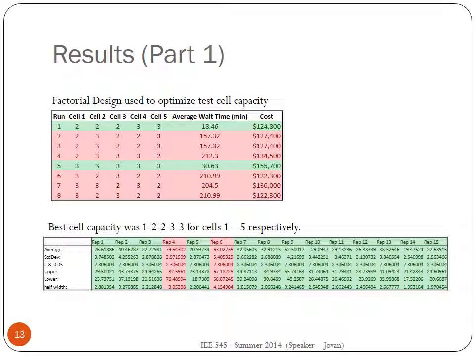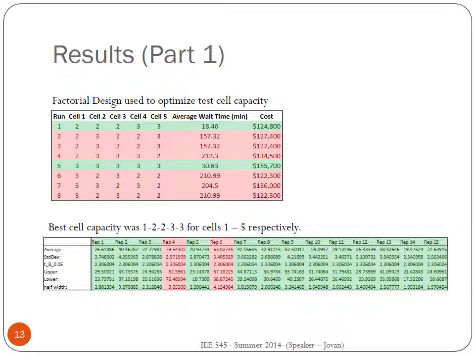And as you can see in the first table, the average wait times ranged everywhere from 18.46 minutes throughout the entire testing system, all the way up to 210 minutes. And you can see from the green highlighted cells that the best combination was a combination of 2, 3, and 3 testing units for each of the cells. It also minimized the cost of the system.